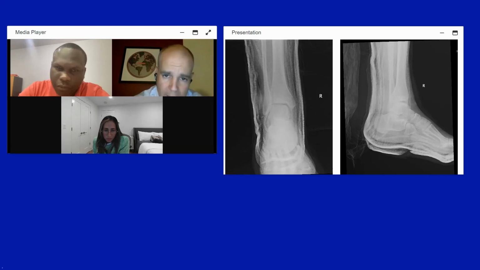As you imagine, when the talus moves back underneath the plafond, it looks pretty good.